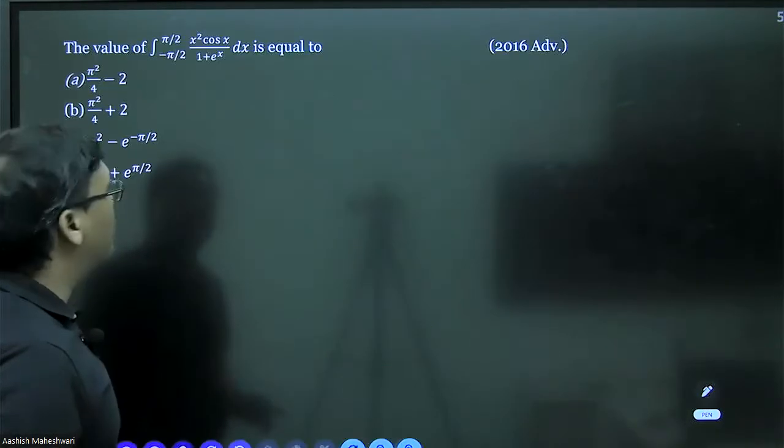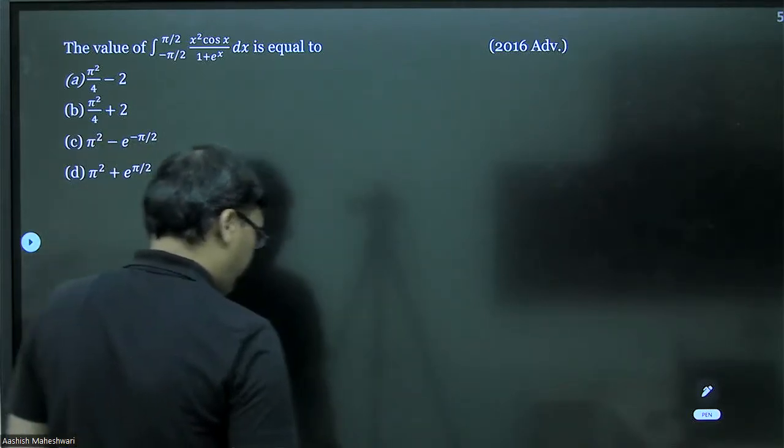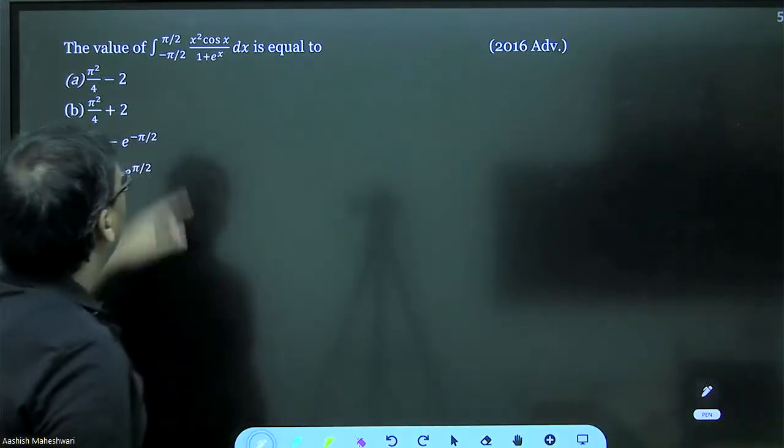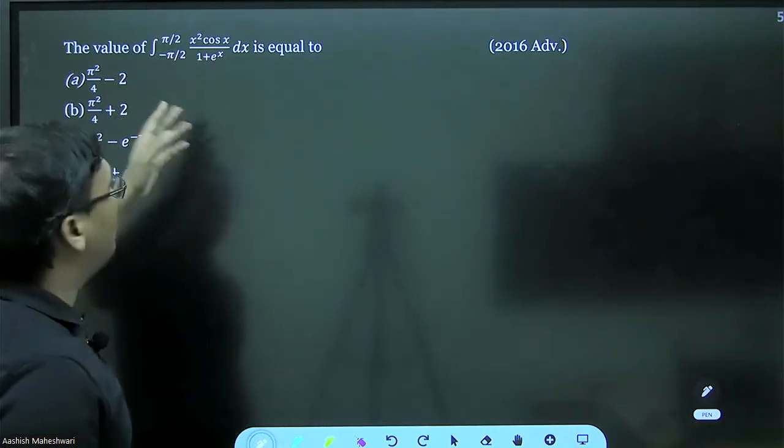Let me take one more question. Check this question here. We have to find the integral from minus pi by 2 to pi by 2 of x squared cos x upon 1 plus e raised to x.